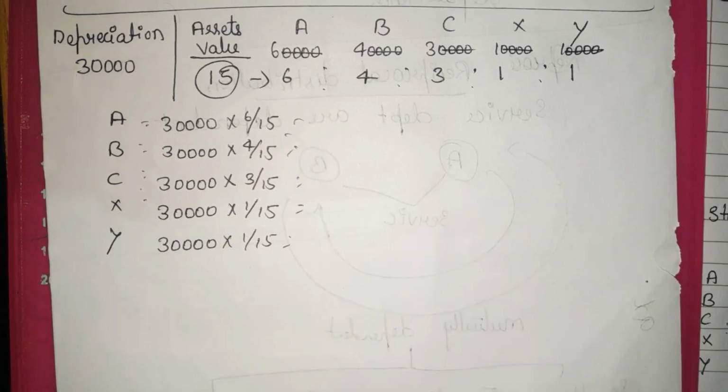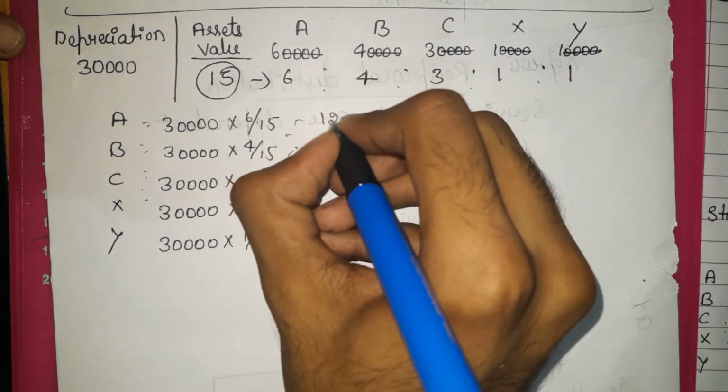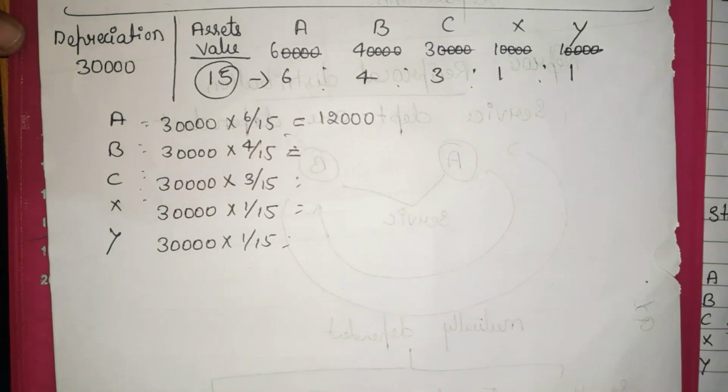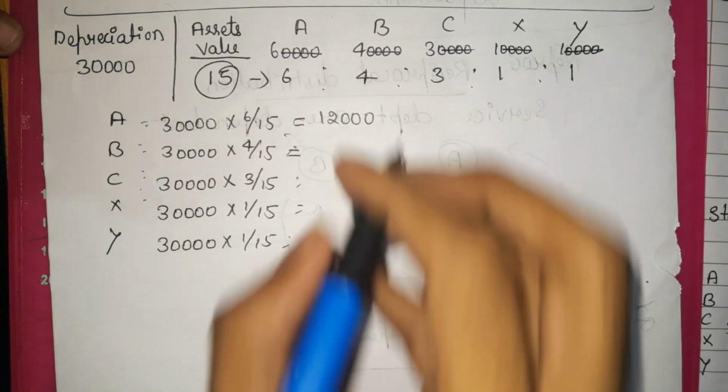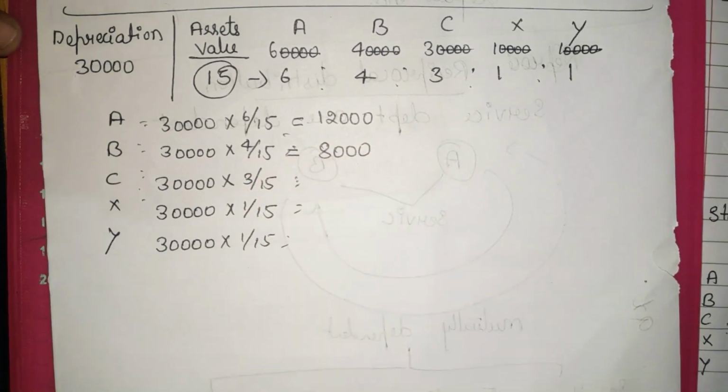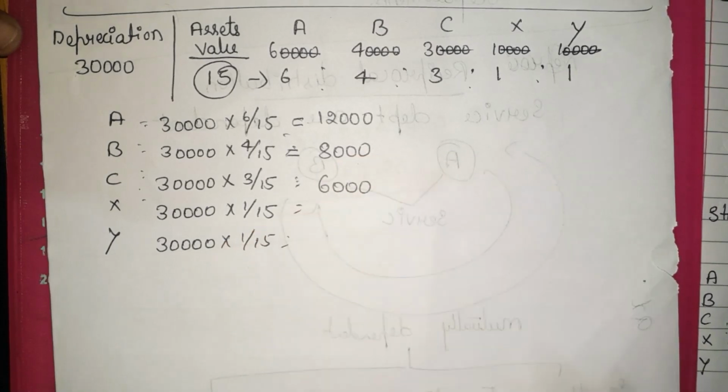Now 30,000 into 6 divided by 15 is 12,000, so for A department it will be 12,000. For B department, 30,000 into 4 divided by 15 is 8,000. For C department, 30,000 into 3 divided by 15 is 6,000.